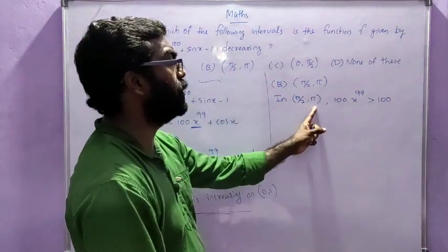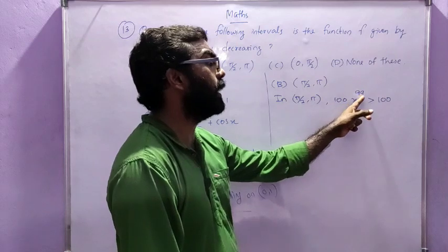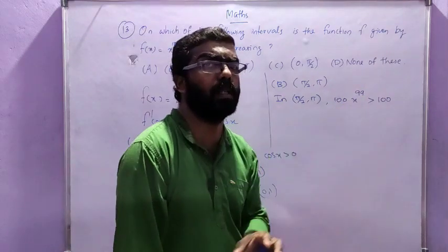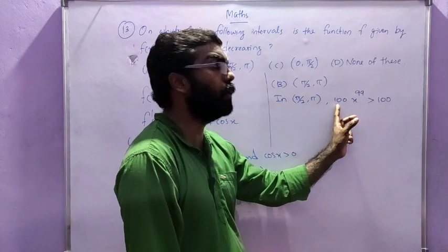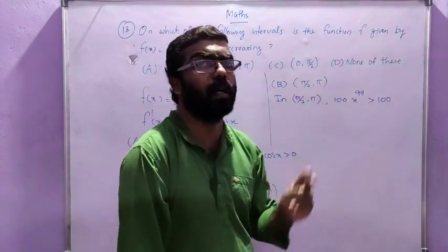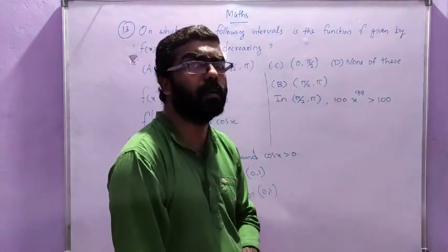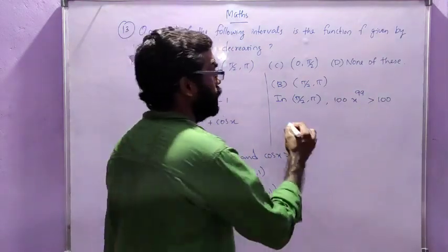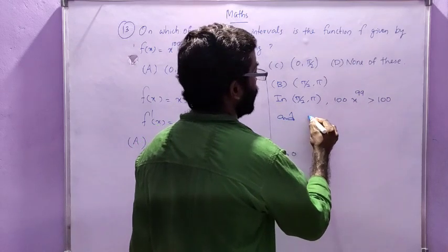It is a positive quantity, from pi by 2 to pi, and we take the 99th power of that quantity and multiply with 100. So clearly it will be greater than 100. And cos x, the value of cos x.